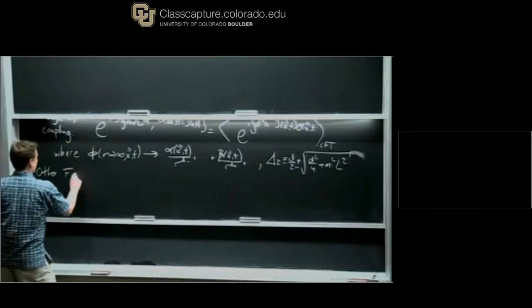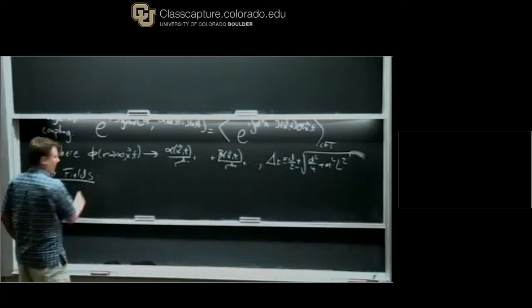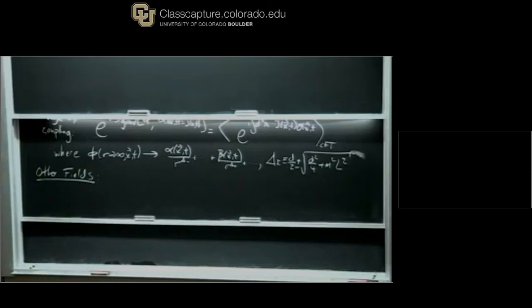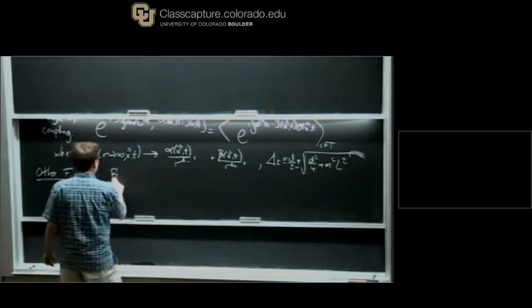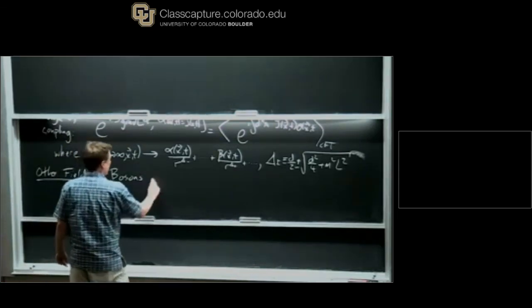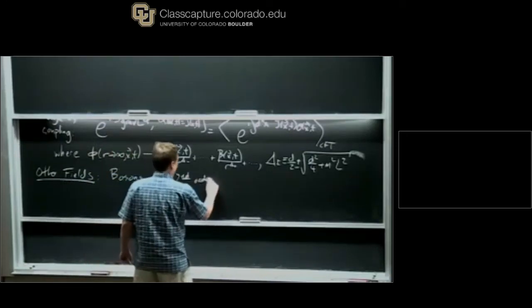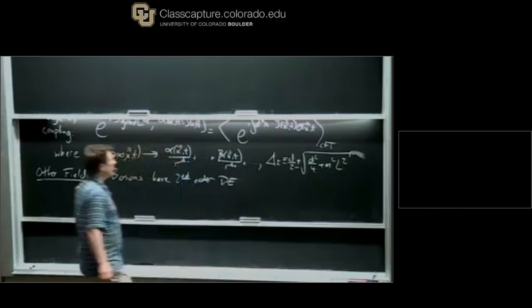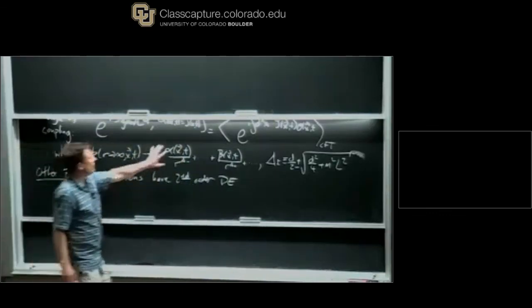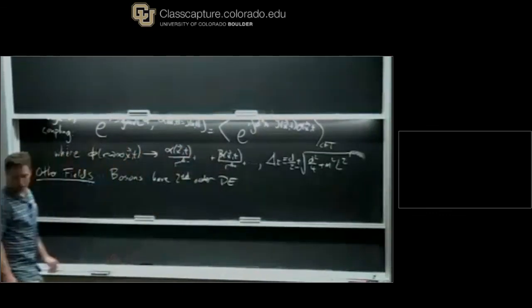In particular, there are two other bosonic fields that are famous and we need to talk about, which are the metric and the gauge field. For other bosons, they will have a second-order differential equation, just like the Klein-Gordon equation for the scalar, and so they'll also have two independent modes on the boundary.